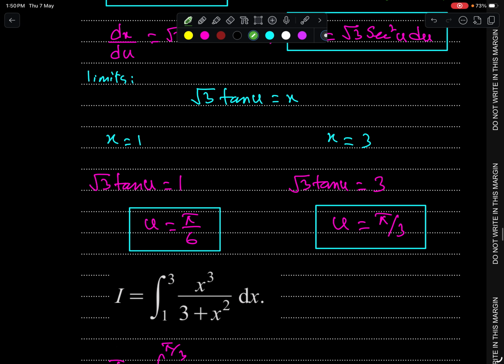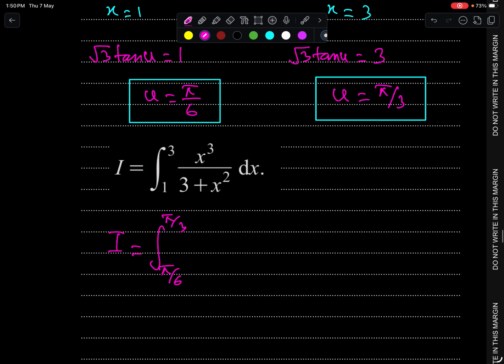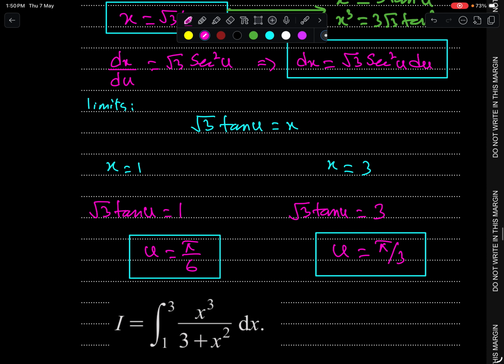Okay. So x cube is 3 root 3 tan cube u. Right, in the denominator x square is 3 tan square u and dx is root 3 sec square u.